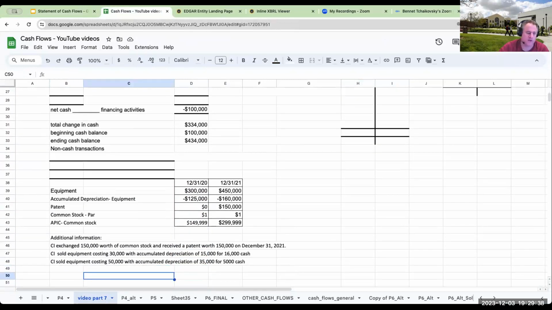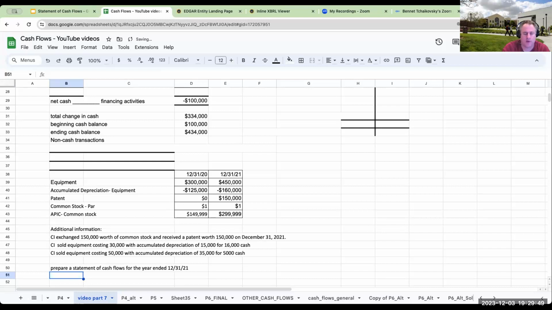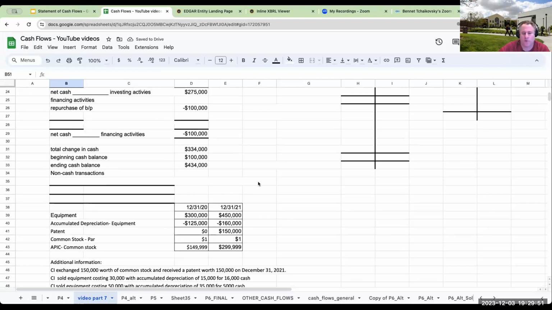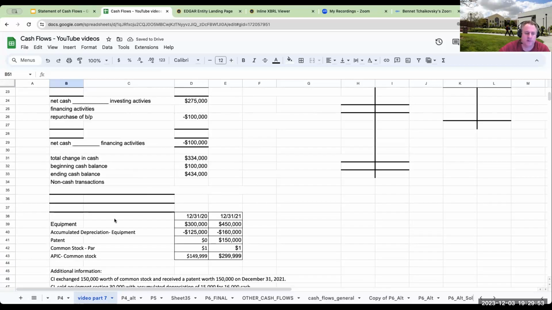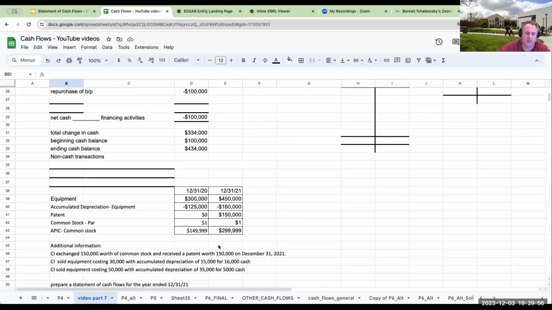And I think what I should have also said is, prepare a statement of cash flows for the year ended 12/31/21.